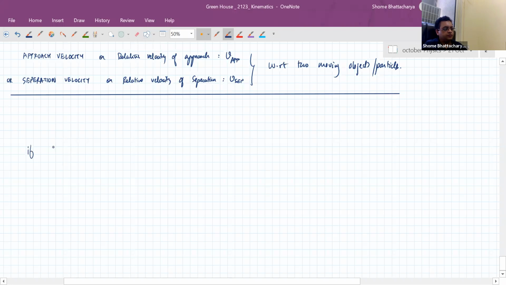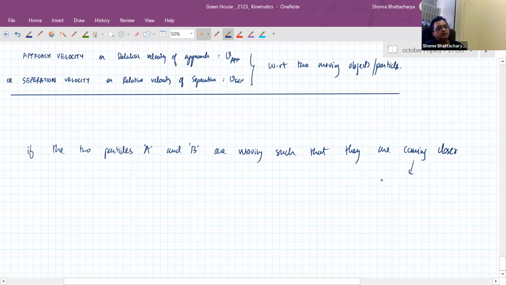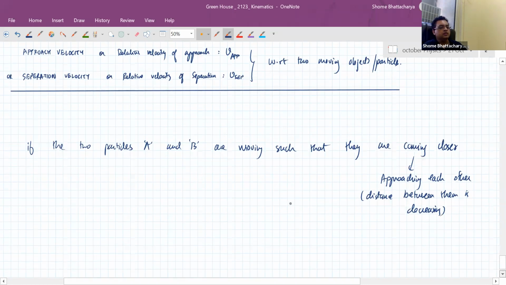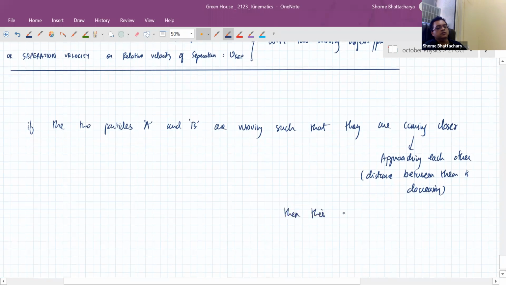So the idea is that if two particles, let's say A and B, are moving such that they are coming closer, by which we mean that they are approaching each other, which also means that the distance between them is decreasing, then they have something called an approach velocity, the V approach, given by the relation that we'll show below.